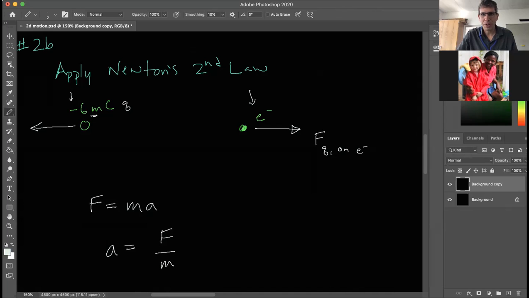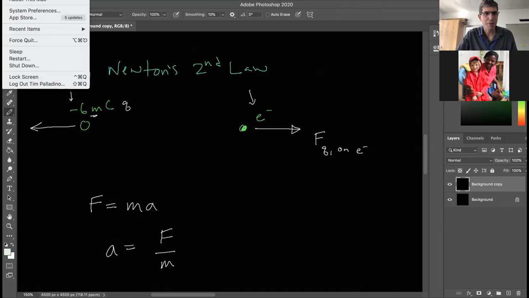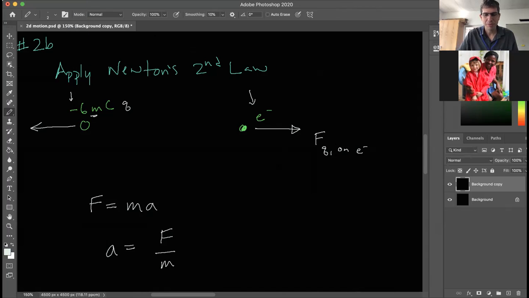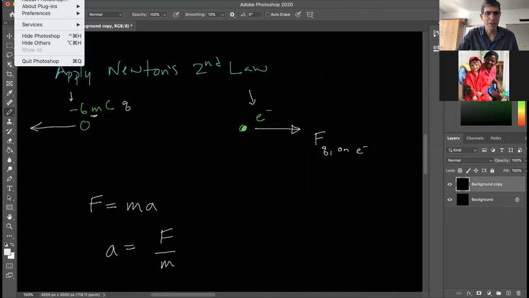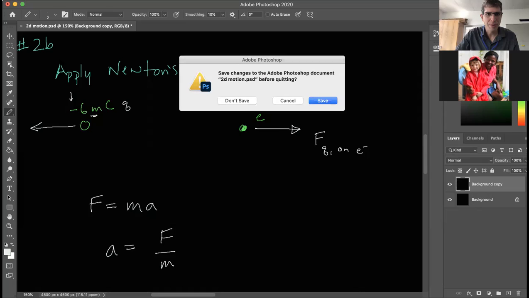I have a quick question. Do you know how to force something to stop on a Mac? Like on a PC you can hit Control Alt Delete and it stops something from crashing. Adobe or the device?